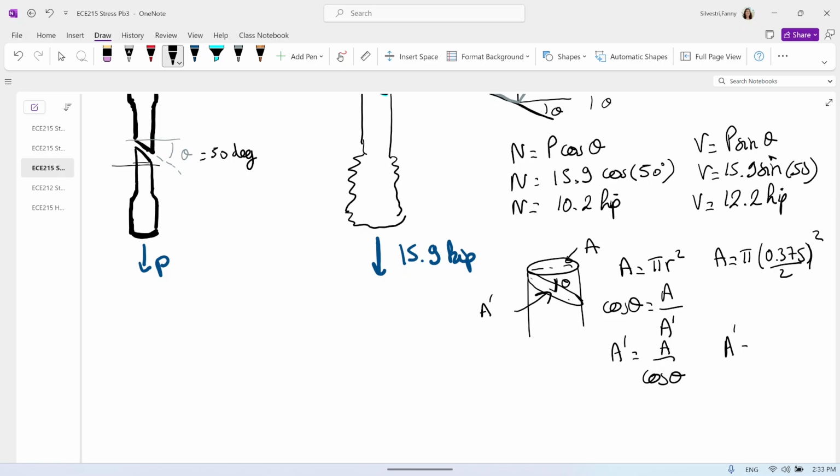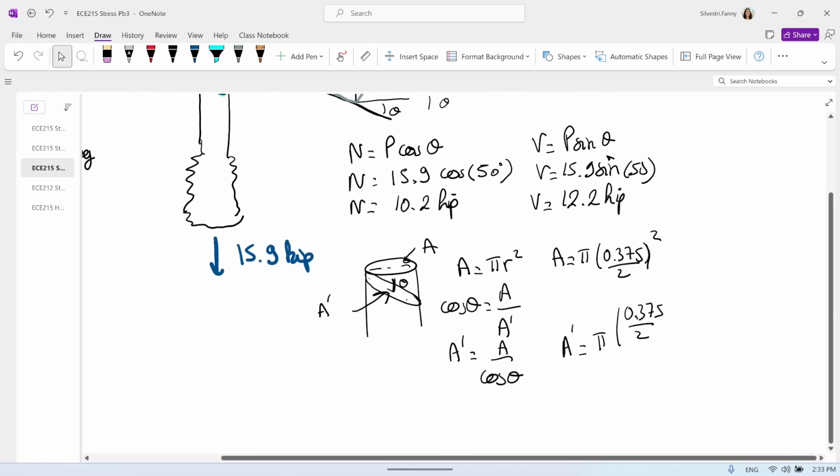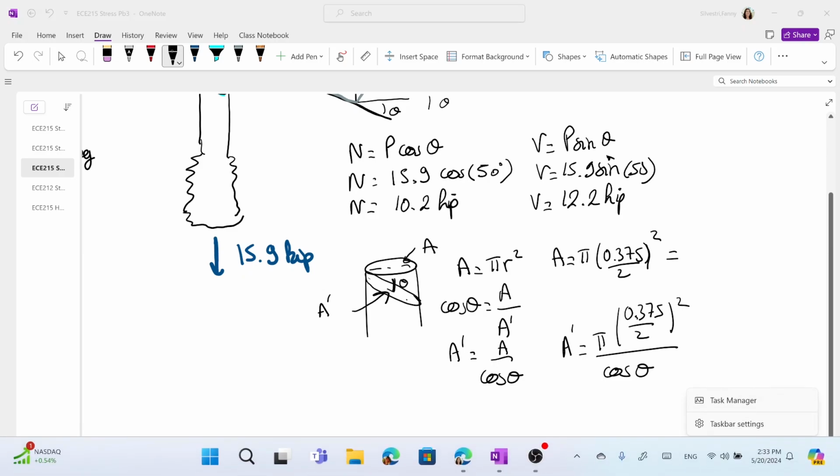So A prime equals pi times 0.375 divided by 2, squared, and everything divided by cosine theta. Don't forget the cosine theta, theta is 50.